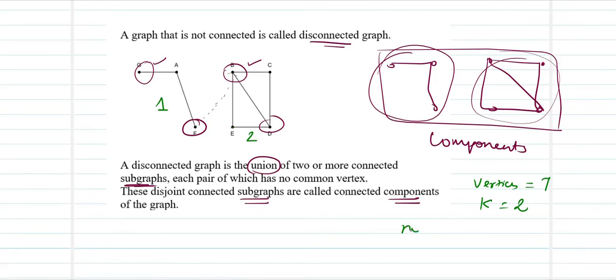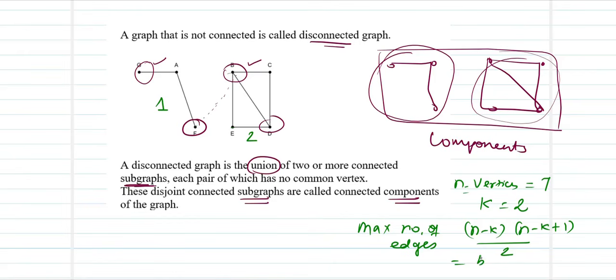So the maximum number of edges in this disconnected graph has to be (n minus k)(n minus k plus 1) divided by 2. So this will be equal to, this is my n, so n minus k, 5 minus 2, so this will become 5, and 5 minus 2 plus 1, so 6 divided by 2. 5 sixes are 30, 30 by 2 will be equal to 15.